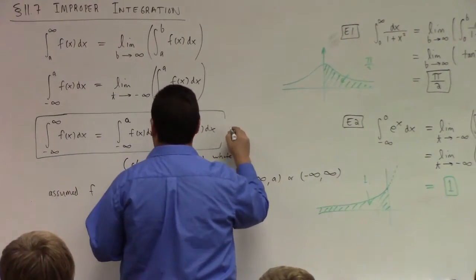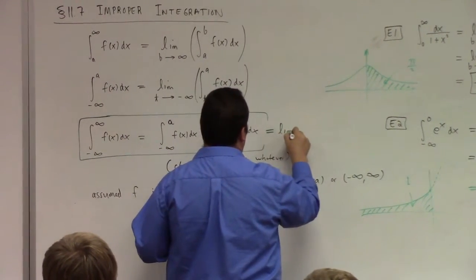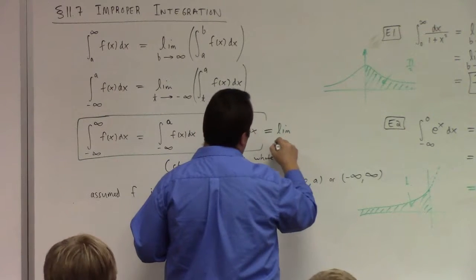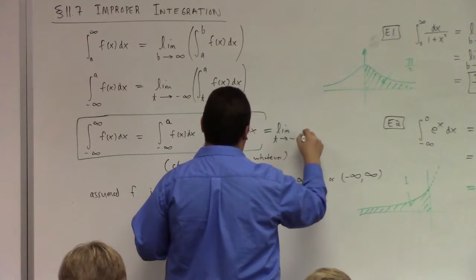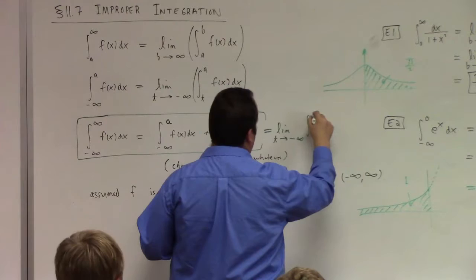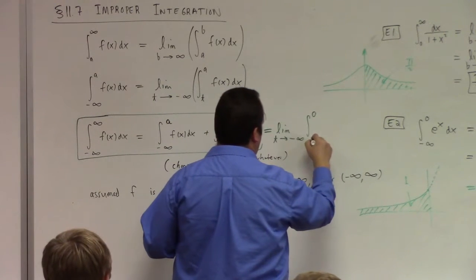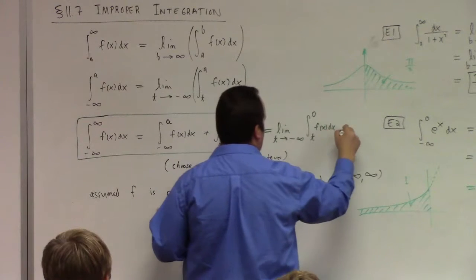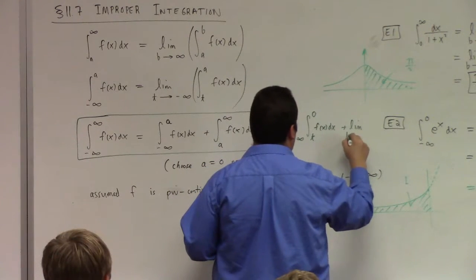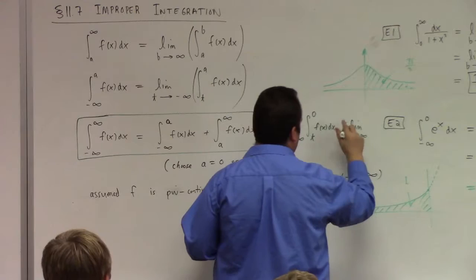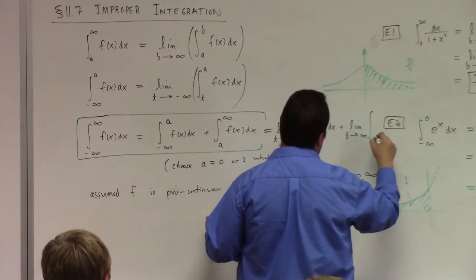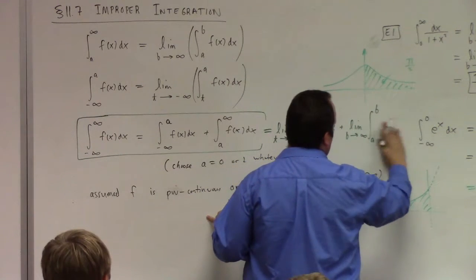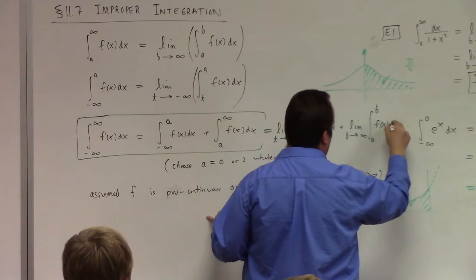See, in more detail, this is something like the limit as t goes to minus infinity of the integral from, let's just make it 0, 0 to t, f of x dx, right? Plus the limit as b goes to infinity of the integral from a to b of f of x dx.